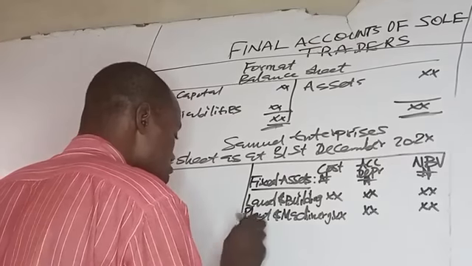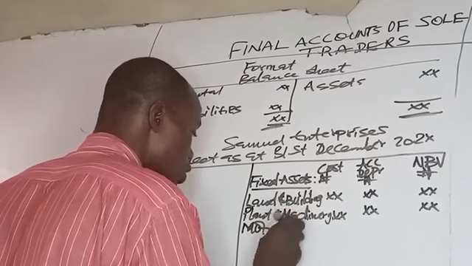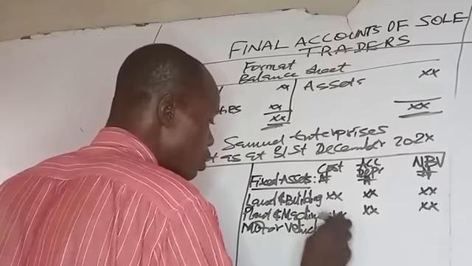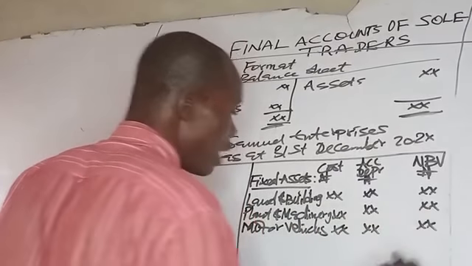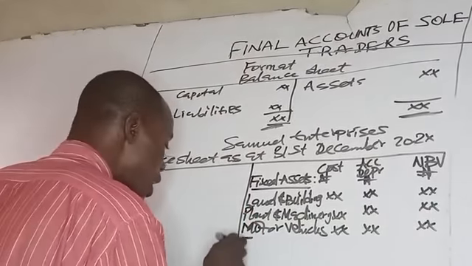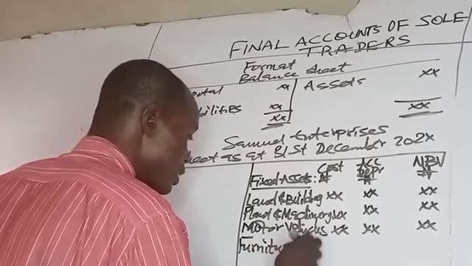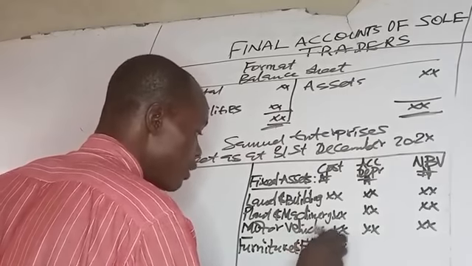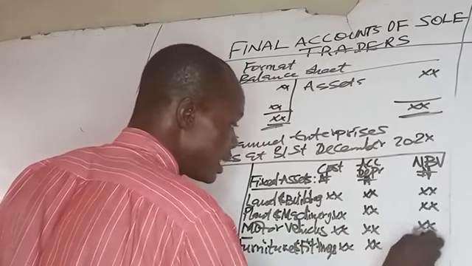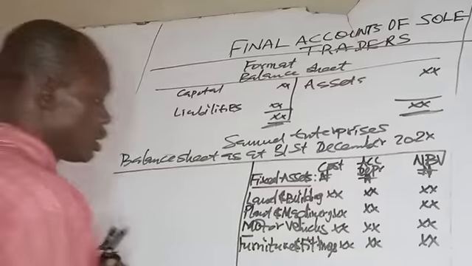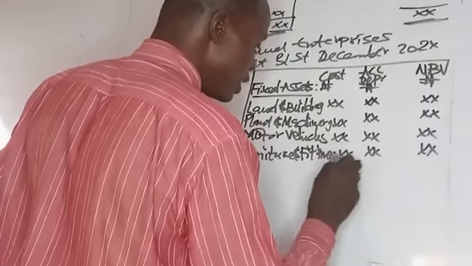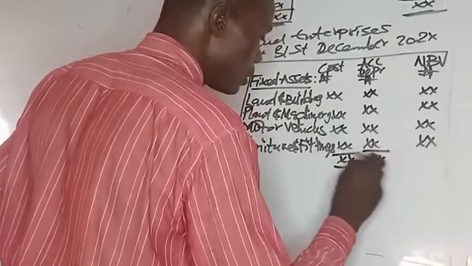Motor vehicles: the cost of the motor vehicles, the accumulated depreciation, then the net book value. Then furniture and fittings, the cost of it, the accumulated depreciation, and the net book value. Then you sum up the total.